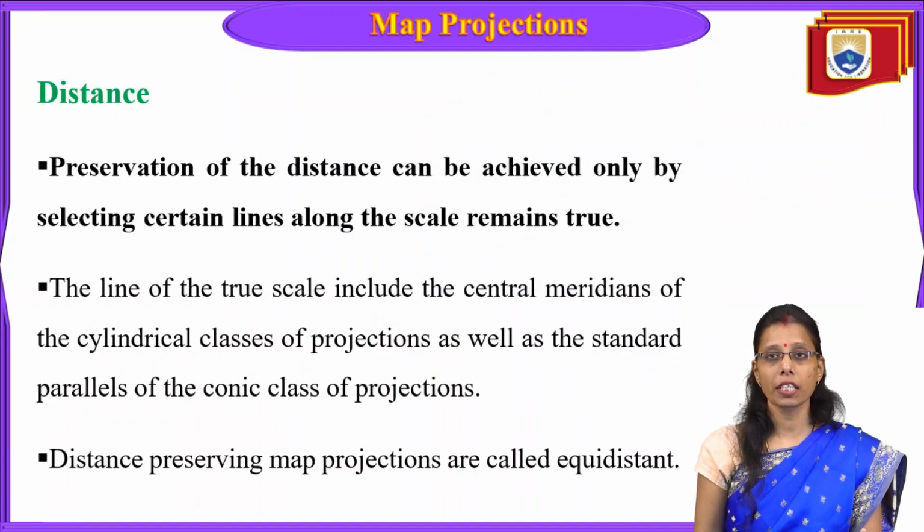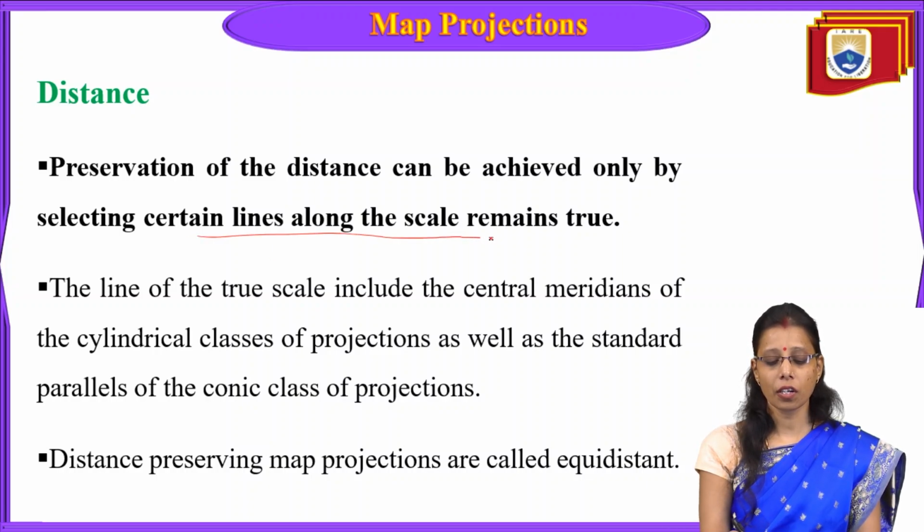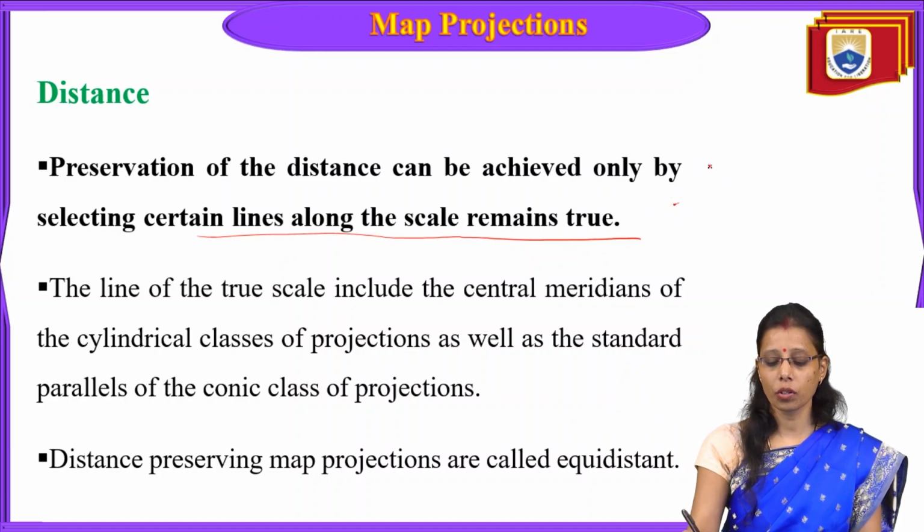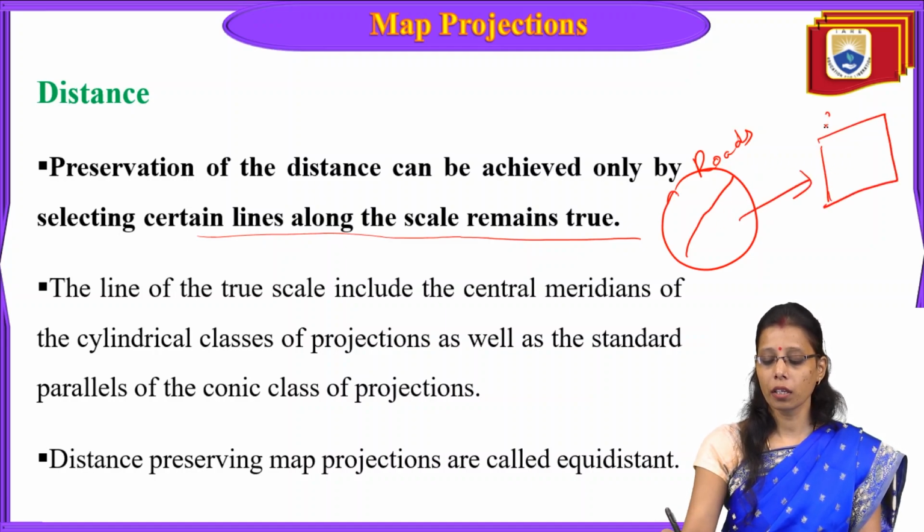Preservation of distance can be achieved only by selecting certain lines along which the scale remains true. Distance is like, let us say, about roads. When you are transforming from the real world, for example, this is the road and it should be transformed to 2D the same.